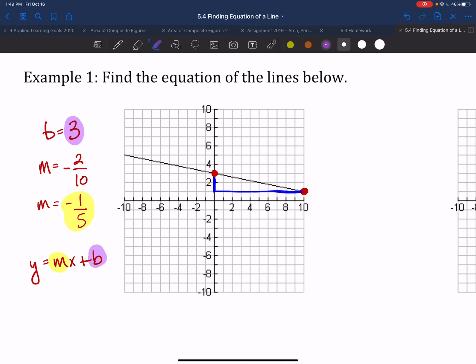So I can just replace that now in the equation, and I have my answer. And it's positive 3, so I write plus 3. Okay. Remember, the slope came from here, right? I went down 2 and right 10.